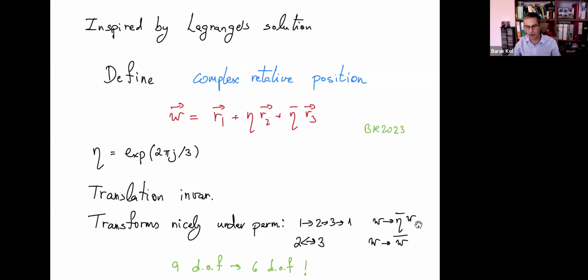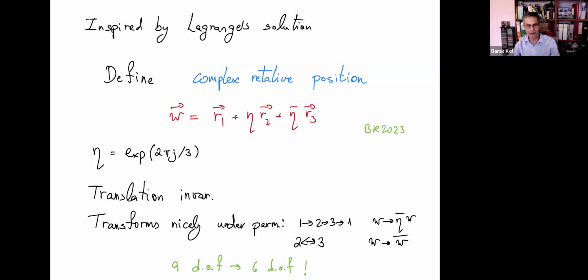If you do a cyclic permutation, it's just a multiplication by eta. If you exchange 2 and 3, it's complex conjugation. And in this way, we go from 6 degrees of freedom to 6, because W is a complex vector, so it has 6 degrees of freedom. And the claim is that this is a natural choice, just like R1 minus R2.